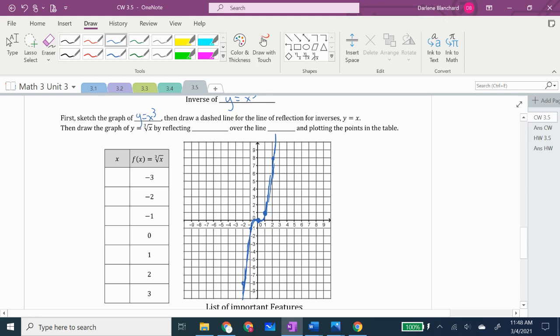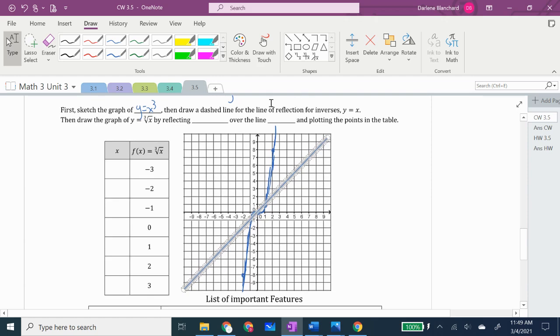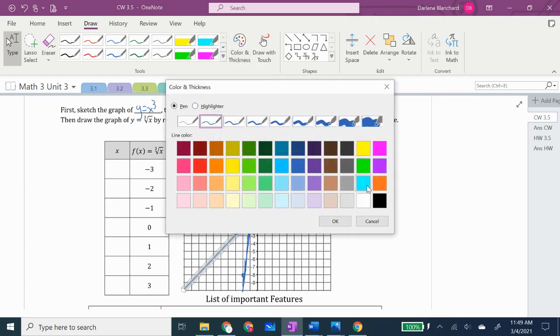So first you sketch the graph of y equals x cubed. Then I want you to draw a dashed line for the line of reflection, y equals x. And I'm going to see if I can draw a line. Let's see if the program will draw what I want it to draw. I'm going to change the color.